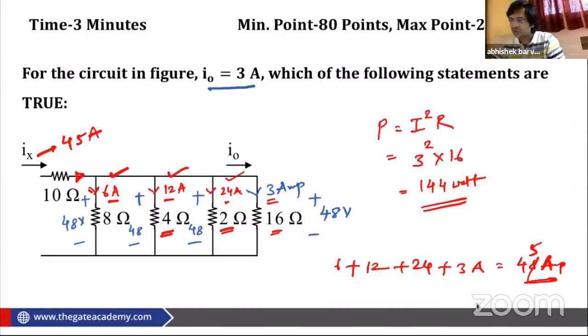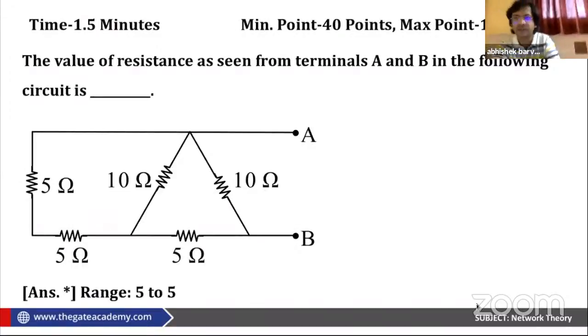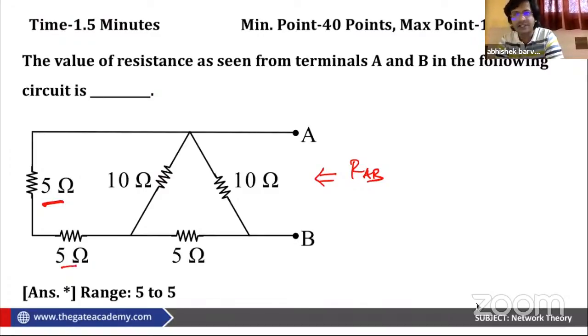Okay, so let me just go to the last problem that we have over here. Here we have to calculate the equivalent resistance as seen between A and B. So RAB is something that we are supposed to calculate, and as I said, it was very simple, guys. So 5 and 5, as you can see, are in series, right?